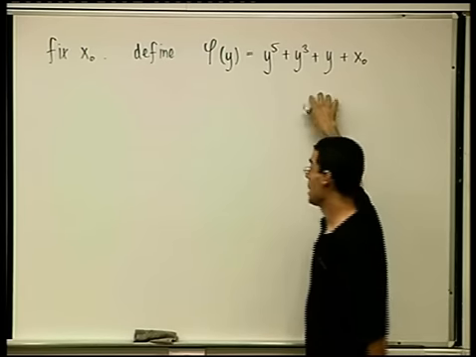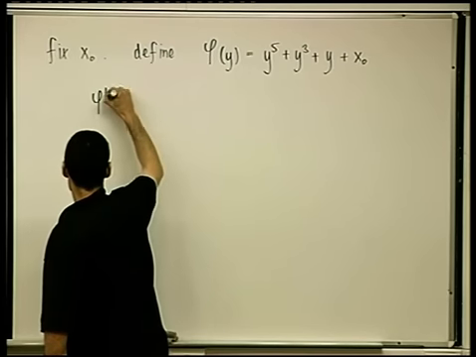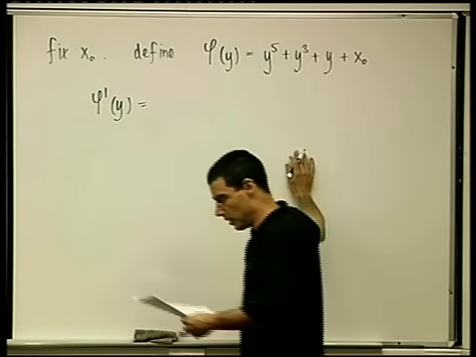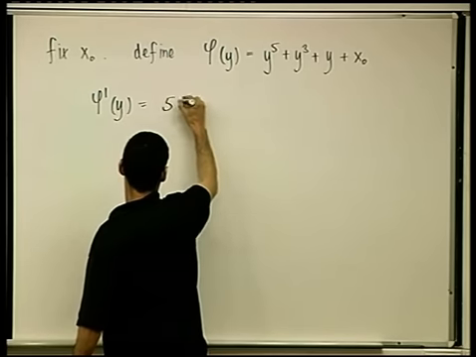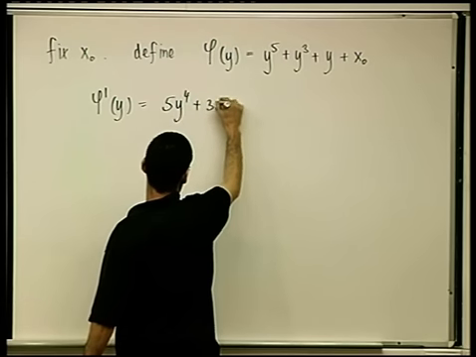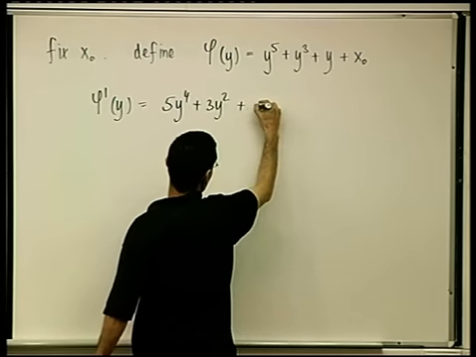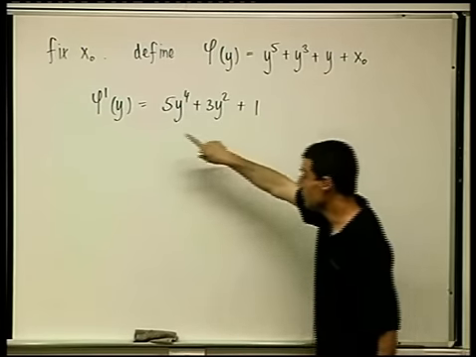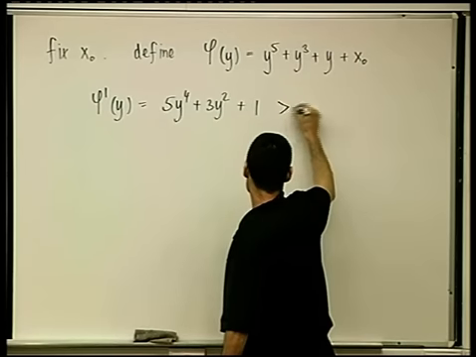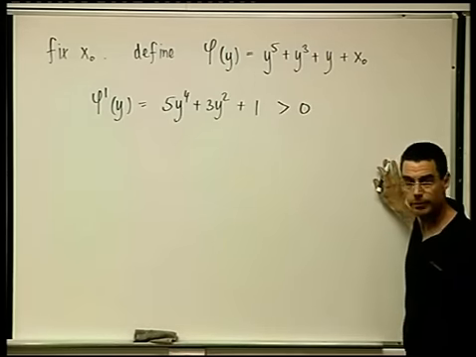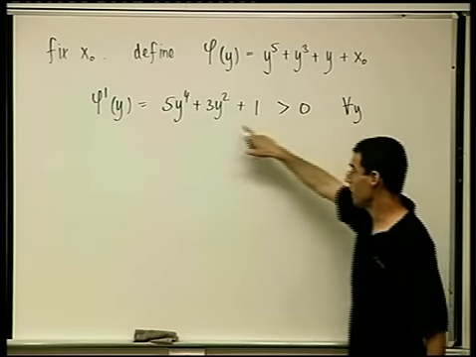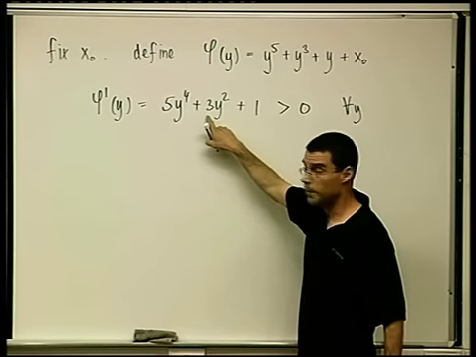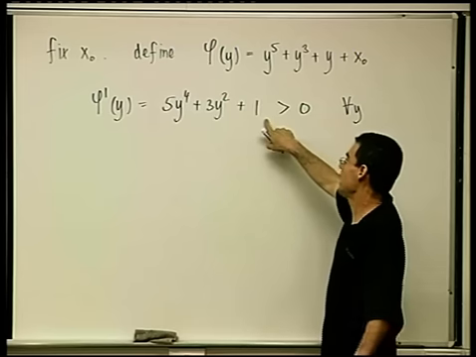Everybody with me? What is phi prime of y? It's just the derivative, single variable, so phi prime of y is 5y to the 4th plus 3y squared plus 1. Do you agree that phi prime of y is always strictly positive for any y? Because whatever y you take, you're raising it to even powers, so it's non-negative, and you're adding 1.